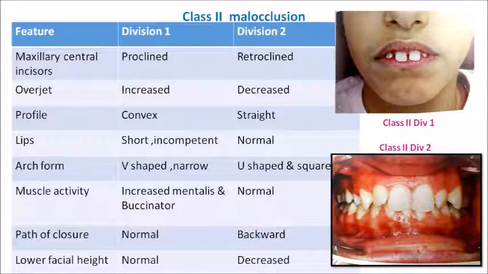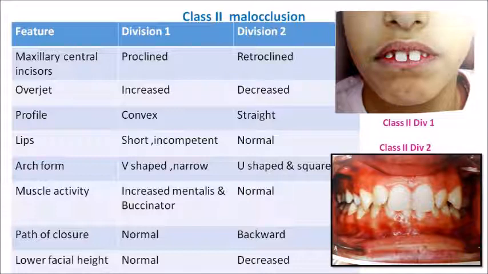Whereas for division 2, the profile will be straight. The lips will be short and incompetent for division 1, and normal for division 2. Arch form will be V-shaped and narrow for division 1, and U-shaped and square for division 2.